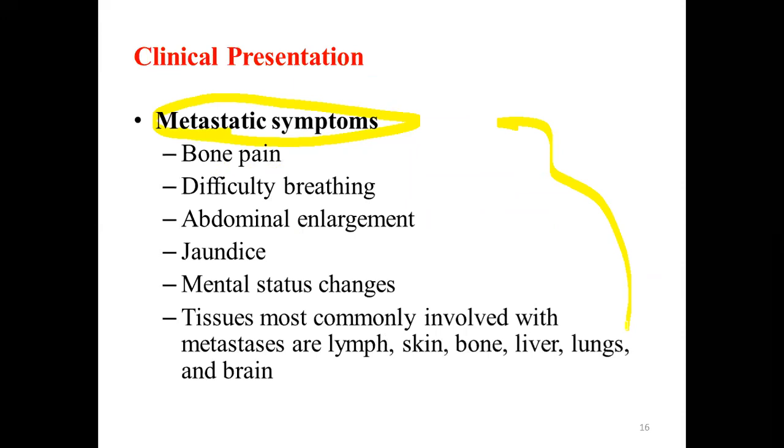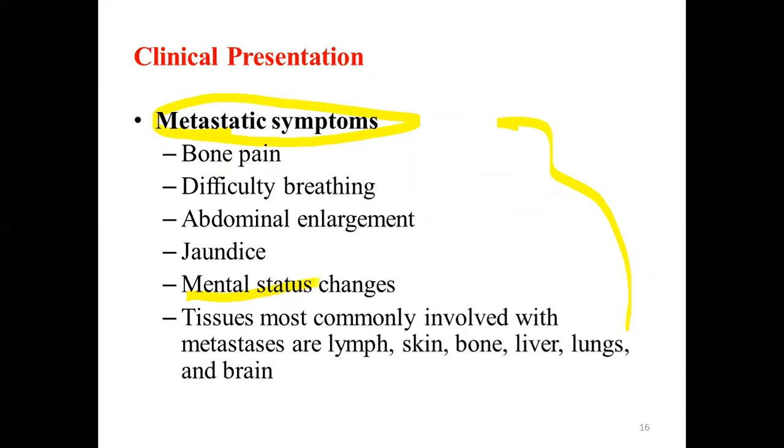If the lung is involved, difficulty of breathing. If the liver is involved, abdominal enlargement and jaundice. If the brain, you see changes like headache, confusion, and disorientation in person, place, and time, which is very common. Those are the most common.